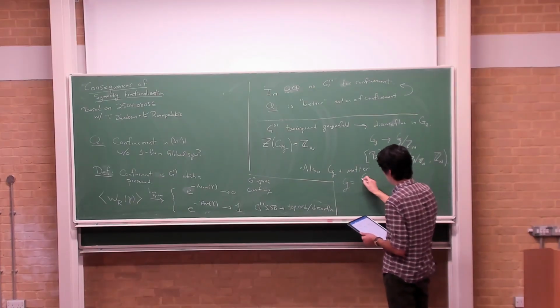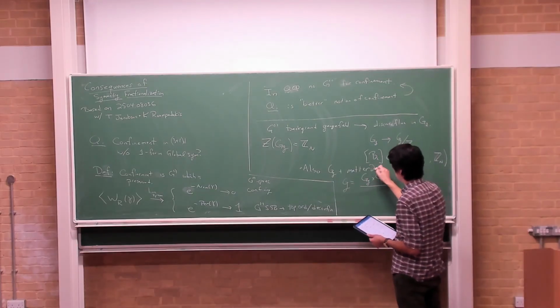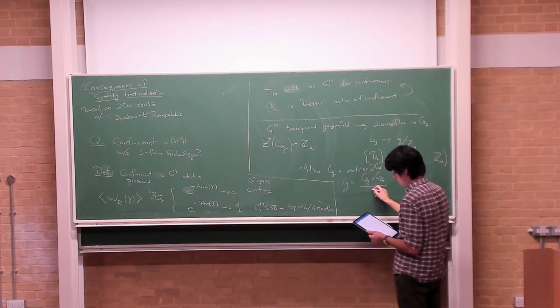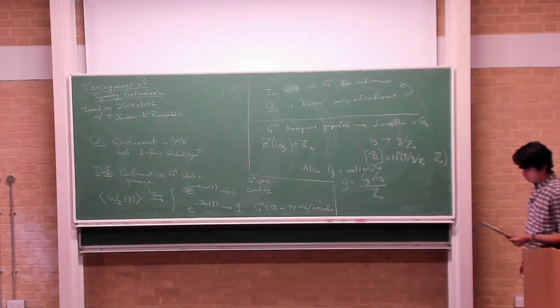I'm going to call this curly G, which is the case when you have some flavor symmetry that acts on the matter, and there is some discrete identification between the gauge group and the flavor symmetry group.